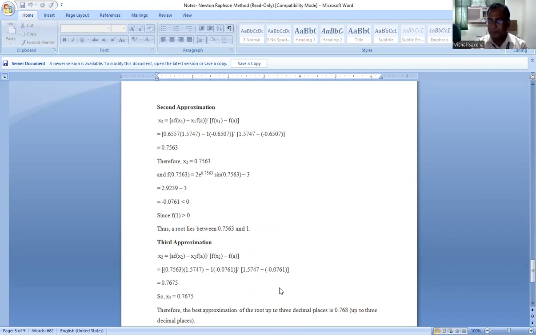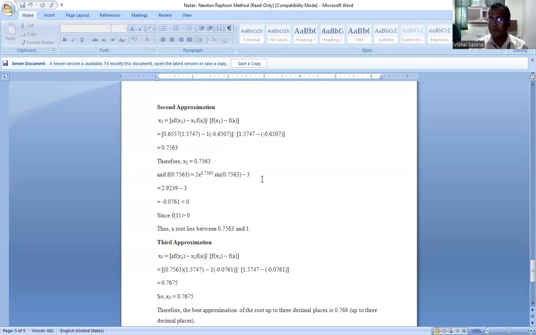In the same way, we check in which interval the root will exist. Here x2 is 0.7563, and if the product of f(0.7563) and f(1) becomes negative, then the root will lie in that interval.